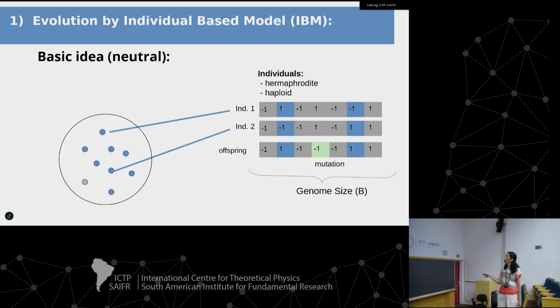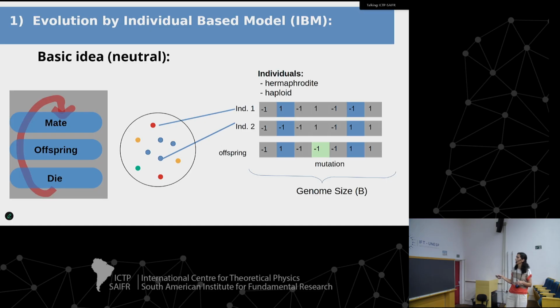When 2 individuals mate, we have an offspring that is a recombination of the parents. The offspring has a 50% chance of inheriting each locus from individual 1 or individual 2, plus a mutation per locus. Here the genome size is B, as we just saw.